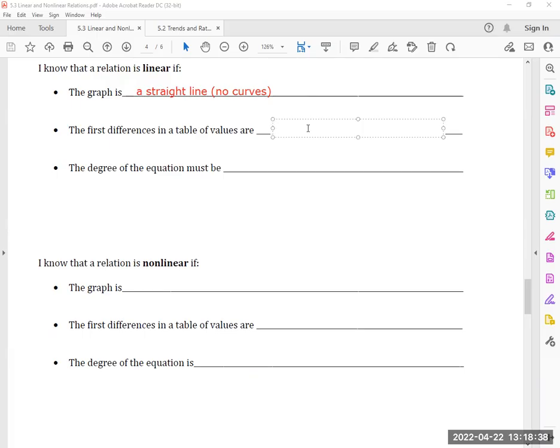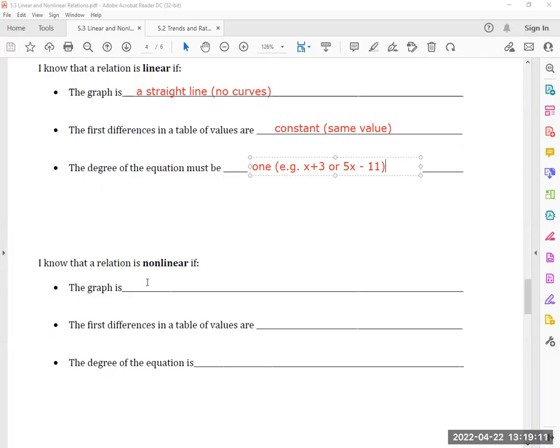I know it's a linear relation if the first differences are equal. I'm going to say the word constant. So same value, they're equal. If it's linear, if I give you an equation, the exponent or the degree must be 1. Okay, so e.g. it could be x plus 3 or 5x minus 11, anything like that.